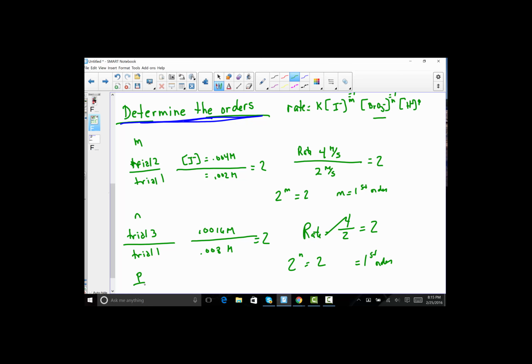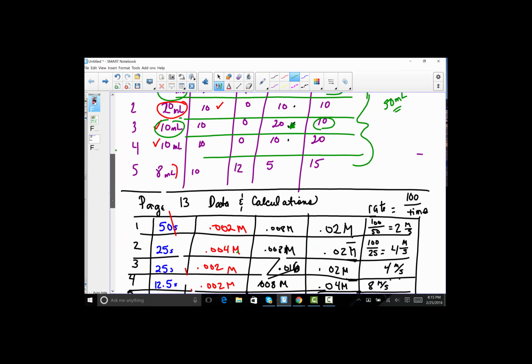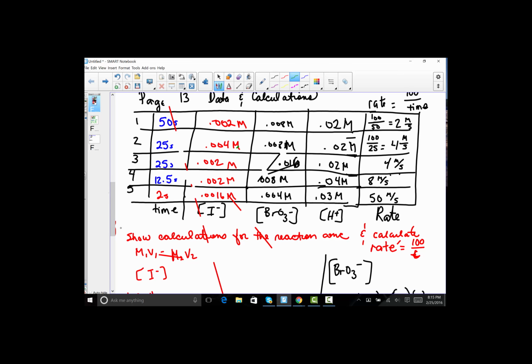How about the p? This is the exponent on the acid. What trials might be most useful in figuring out the order with respect to the acid? So we want to change the acid but hold the others constant. Notice here I'm holding iodide constant between 1 and 4. I'm holding the bromate constant between 1 and 4, but I'm actually doubling the acid in trial 1 to 4.